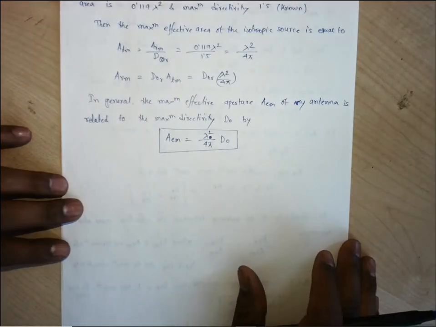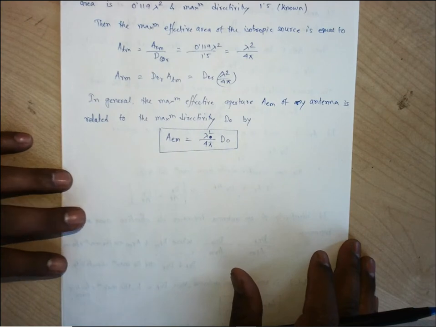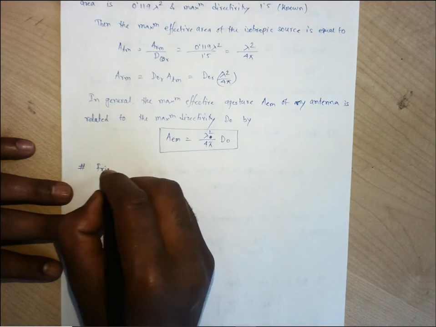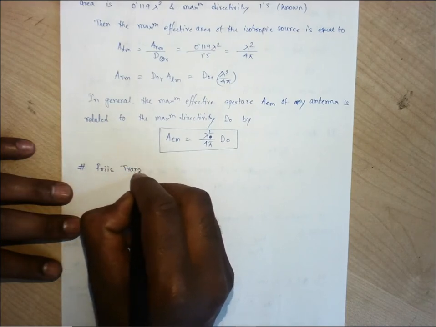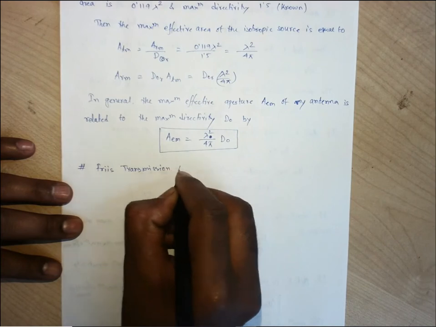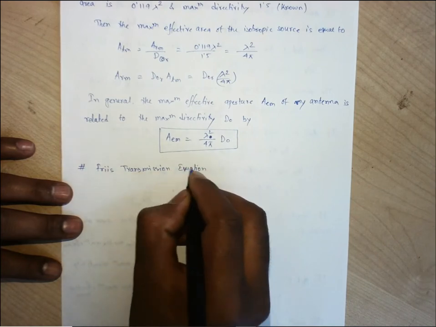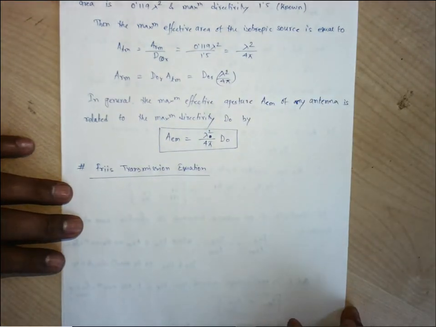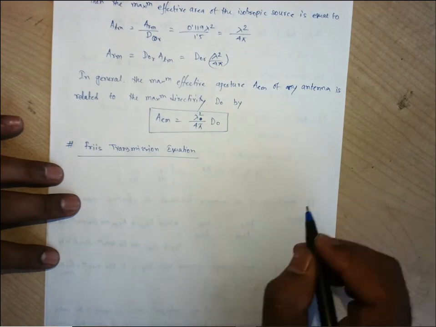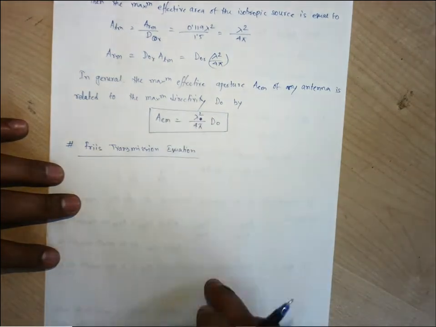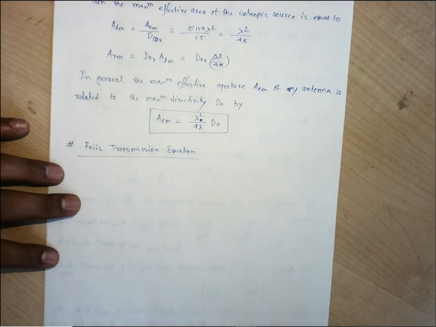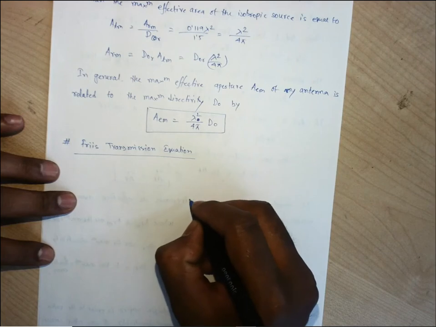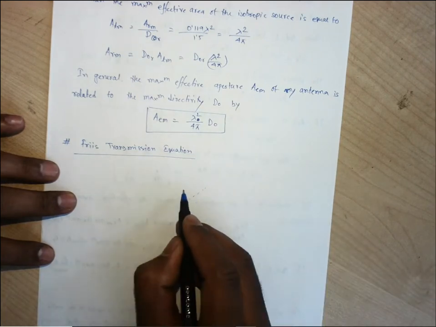Okay, next topic is the Friis transmission equation. It has almost the same concept that we used here. So let us take a transmitter. For this case we have considered the aperture antenna, so let us consider a dipole antenna, a wire antenna. So it has a transmitter like this.